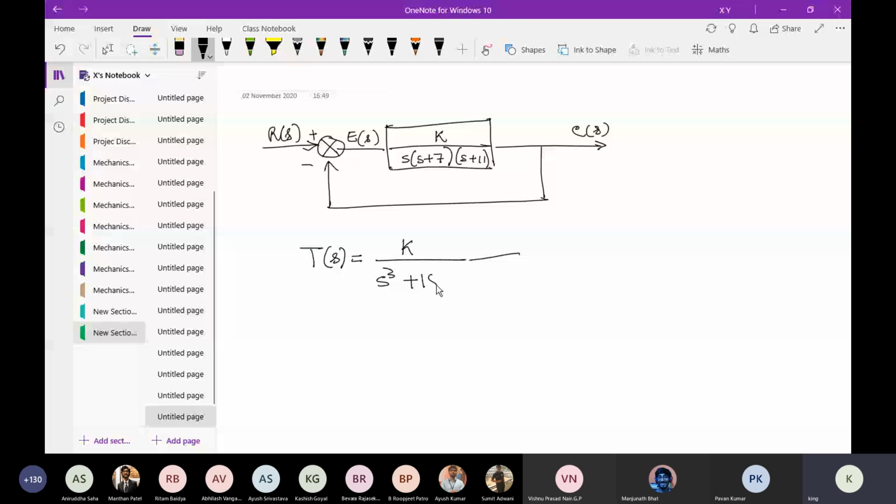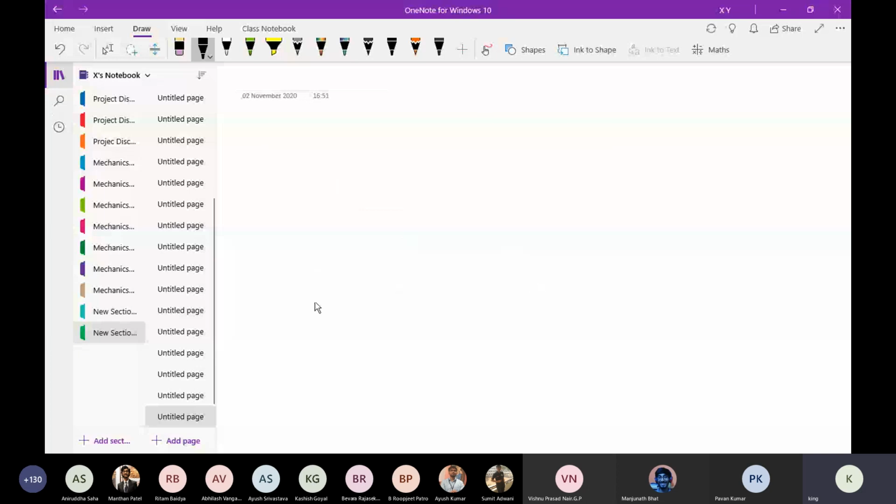Okay. So now we will have to deal with forming the root of this. Our polynomial is, so you form a route table.